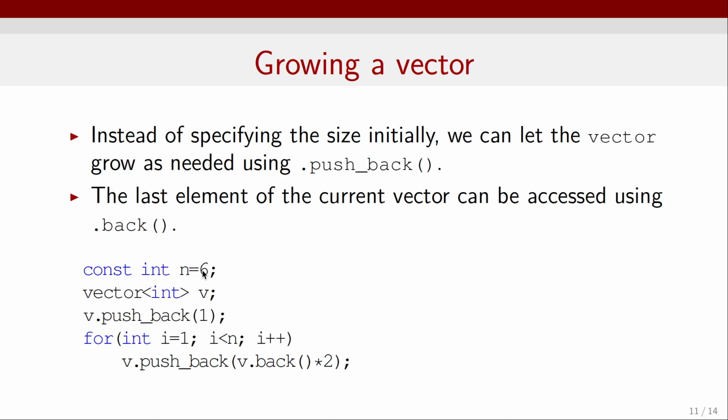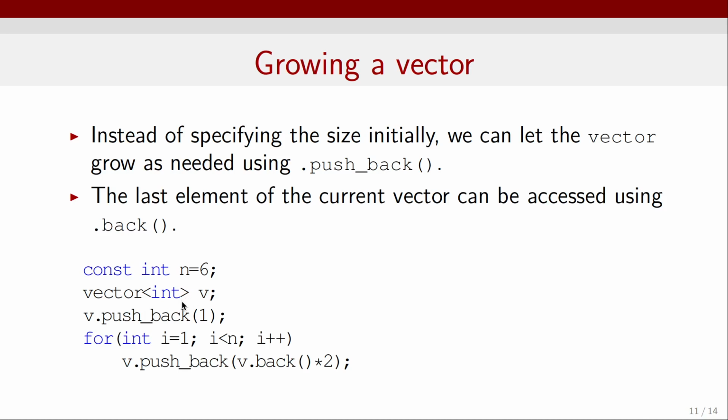If I create a vector of size 6, I can do that using the vector command and then int and then the name of the vector v. So that's a vector of 6 integers. And let's say I want to add one element to this vector.